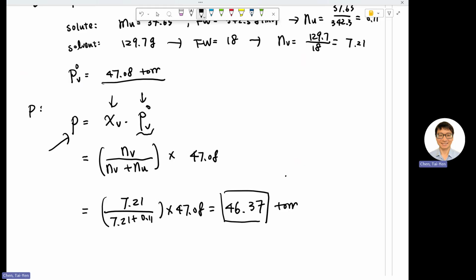Okay, any questions for this? It's very straightforward. It's really about trying to find the keywords. Once you know the keywords, you know what equation to use. Start collecting your data from the question and write it out in a neat way.